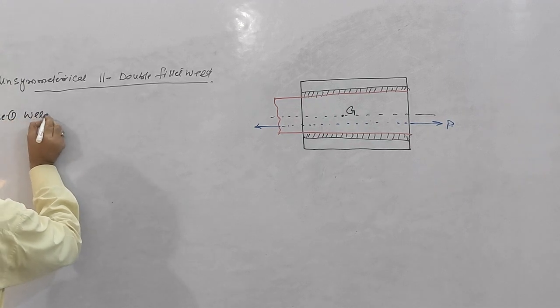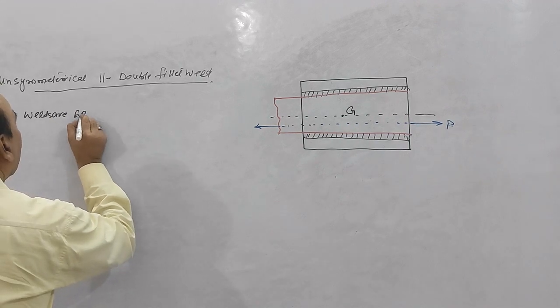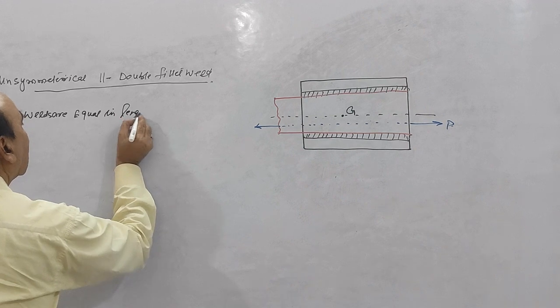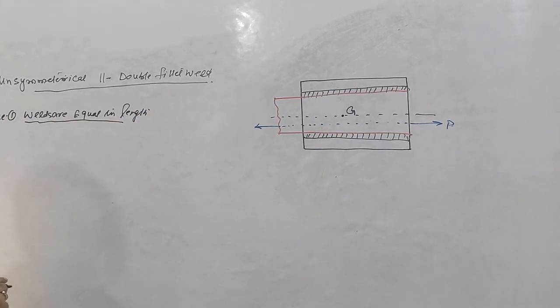Case 1: welds are equal in length. The length of the welds is the same. You understand this? Now consider one plate here.